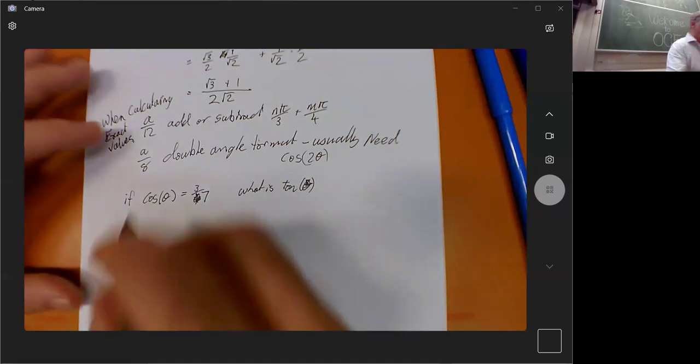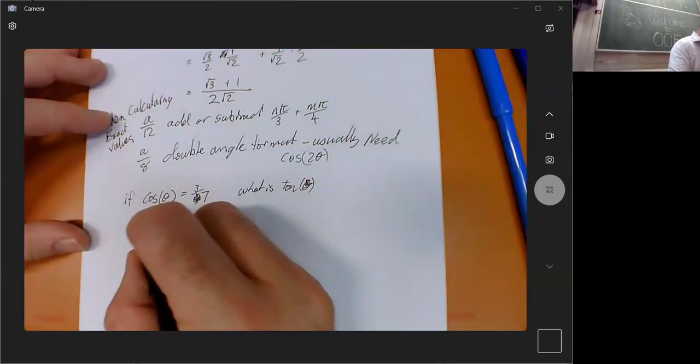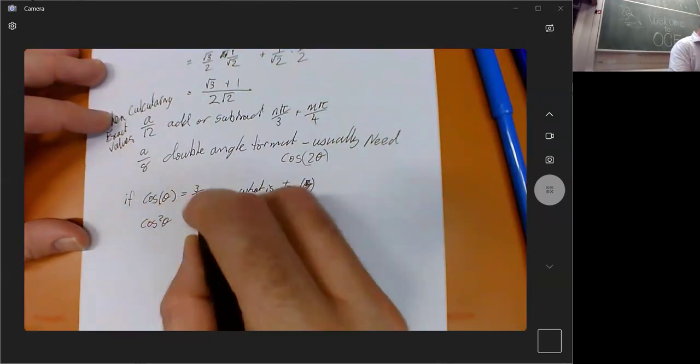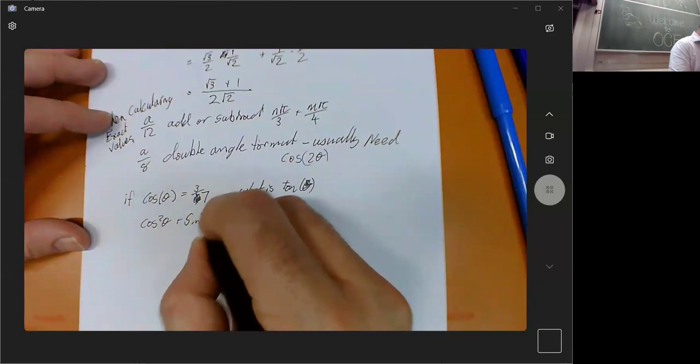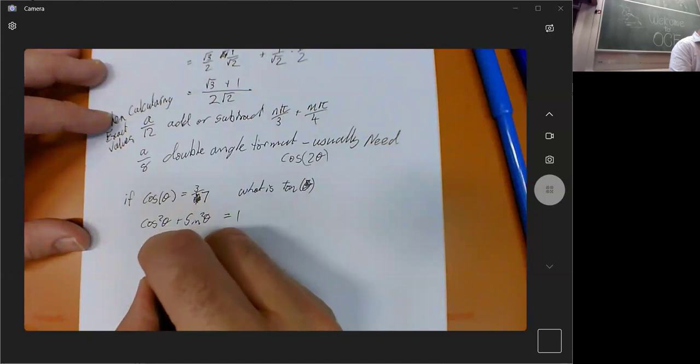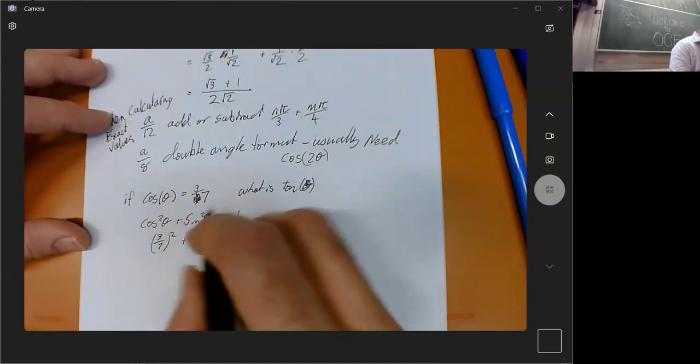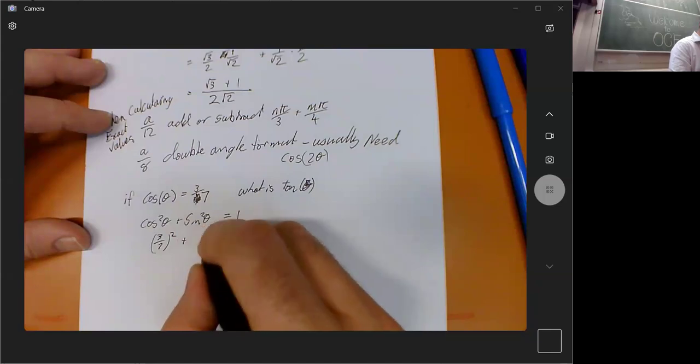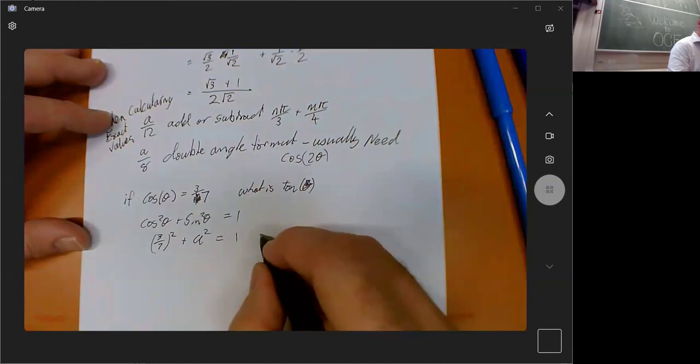We're going to go back to circle formula. So we're going to go cosine squared theta plus sine squared theta is equal to 1. And so I'm going to have 3 on 7 squared plus a squared is equal to 1.